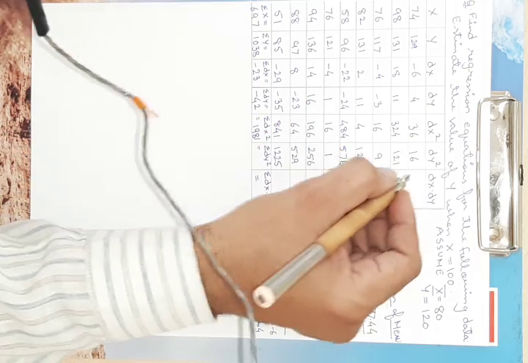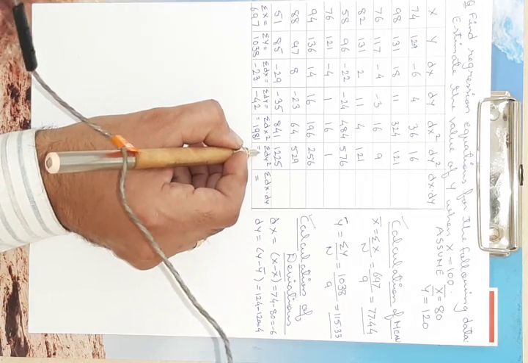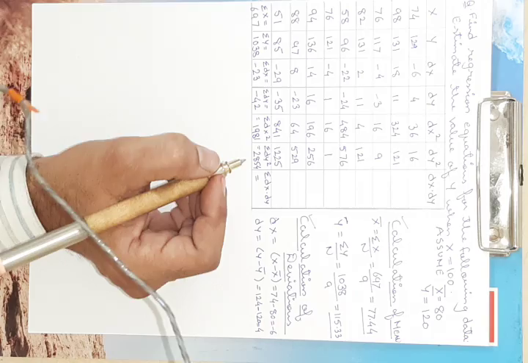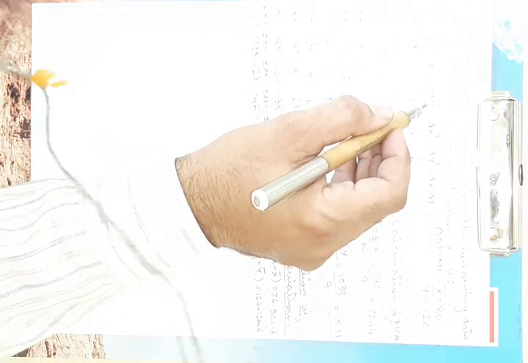So here also in this case we need to calculate the value of summation of dy square, which is nothing but 2854.